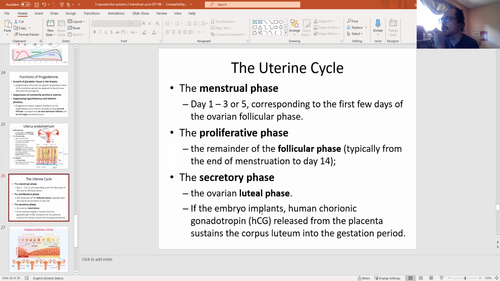They will remain in the secretory phase if the corpus luteum remains functional, which can be sustained by the hormone human chorionic gonadotropin, which requires the implantation and the development of the placenta.